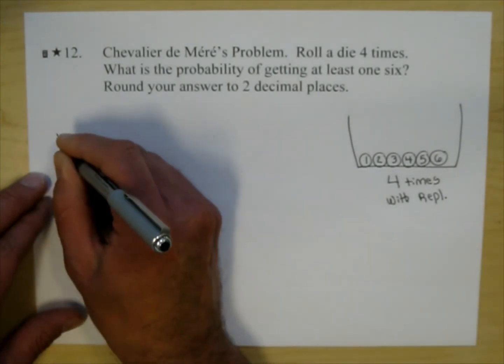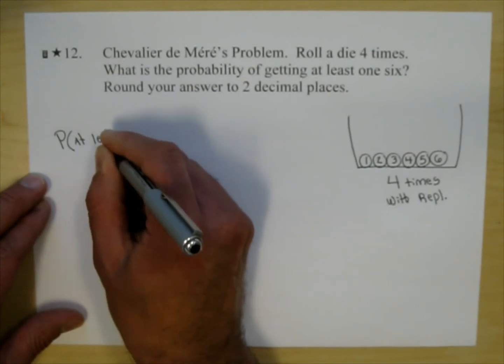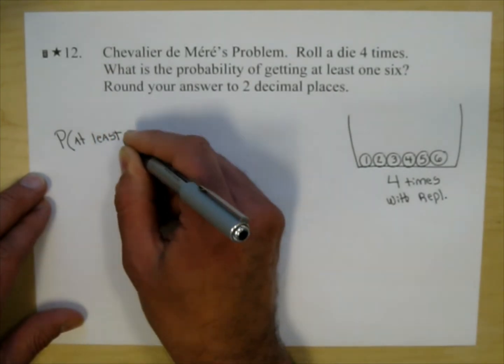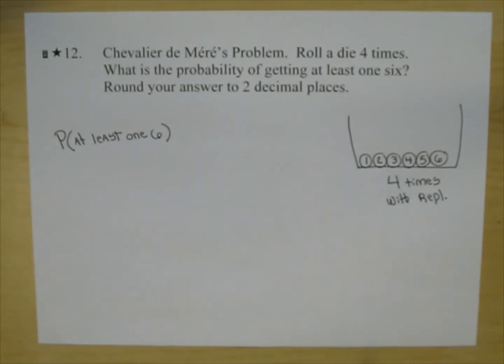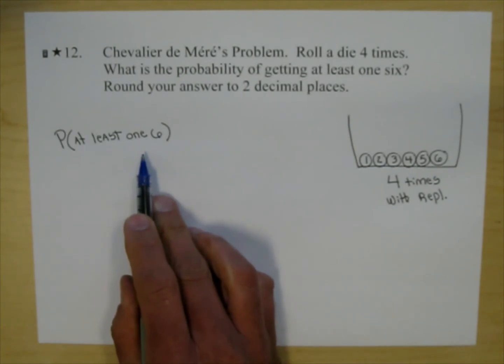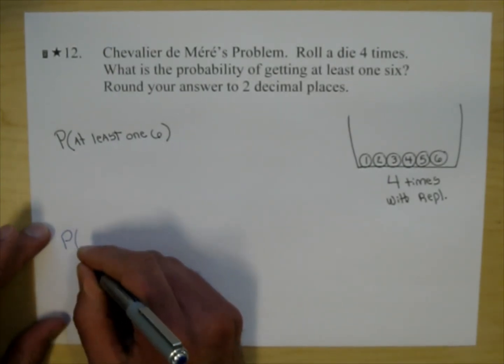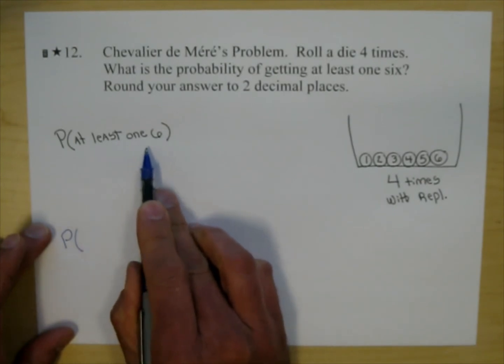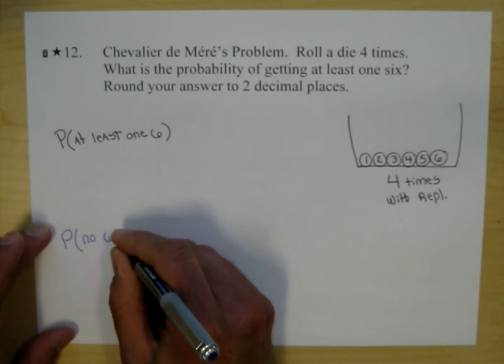We are asked, what is the probability of getting at least one 6? So that's a very difficult problem. De Méré couldn't do it, and this is what Pascal and Fermat did. And they corresponded through letters to each other. Well, we're going to look at the complement. What is the complement of at least one 6? No 6s.